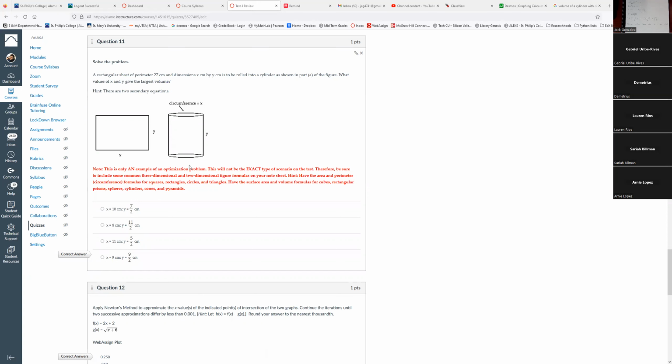You find the volume, or figure out the volume formula, get it all in terms of one variable, take your derivative, set it to 0, and find your x. Plug in the x into another equation to find the y. So we had to use the perimeter formula, the circumference formula, and the volume for a cylinder. We put that all together to get it into a one-dimensional problem and solved for x and y.